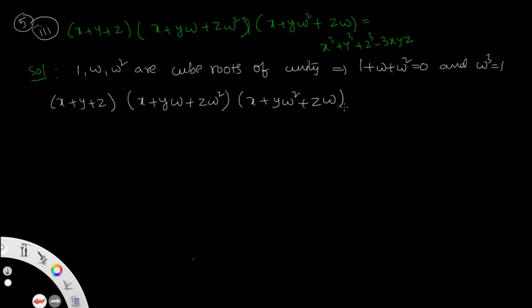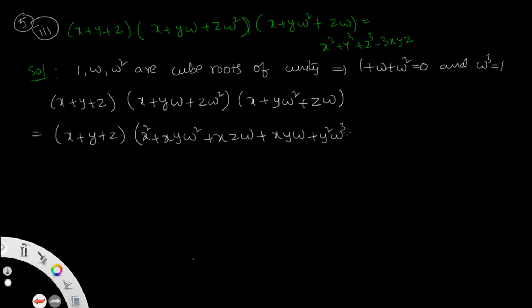For the simplification, keep x + y + z as it is. Then do general multiplication with x into all those terms. You get x² + xyω² + xzω + xyω + y²ω³ + yzω² + xzω² + yzω⁴ + z²ω³.